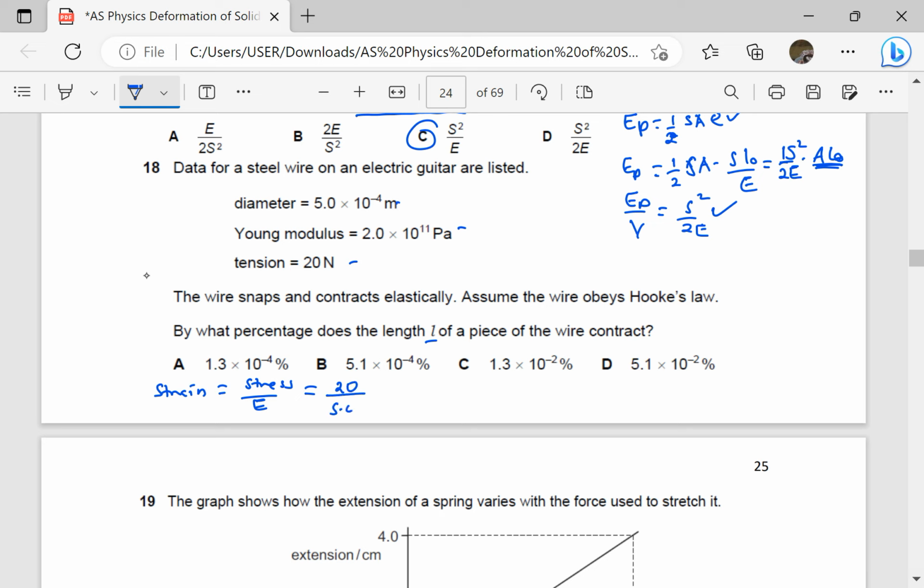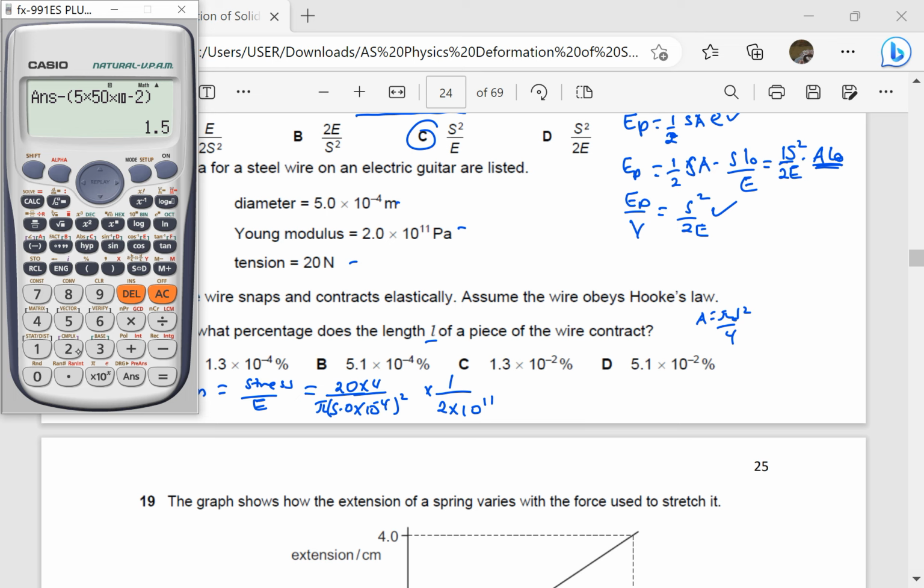No, they gave us diameter, so area is going to be pi d squared over 4. So the 4 will go up, so I'll say times 4 over pi, diameter is 5 times 10 power negative 4, and this is squared. That is the stress. Then divide by this Young modulus, so I'll say times 1 over 2 times 10 power 11.